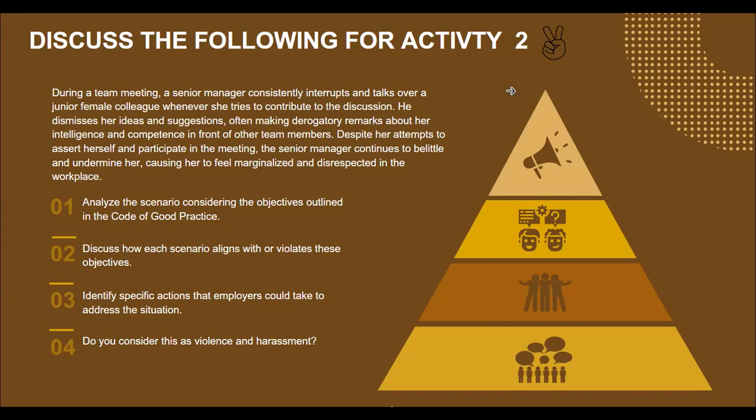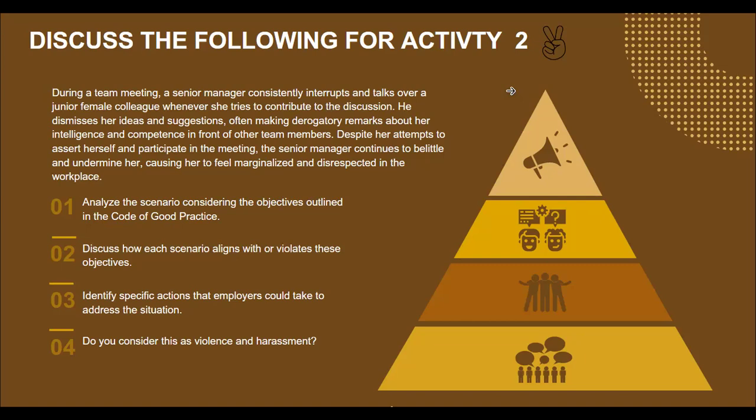If they had accessed this kind of training, they would have come across this scenario. Then promote a culture of respect. It looks like in this organization the culture of respect is not really promoted, as the senior manager is belittling the junior female colleague. And also provide support for the victims. These are the actions that the employer can take.